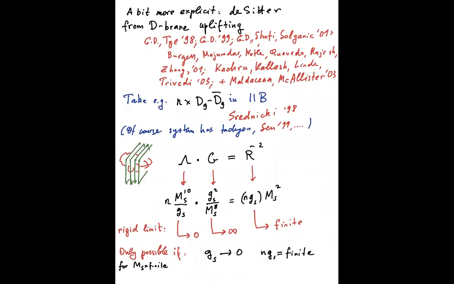Now, this source at the end of the day is unstable, but that's not important for this discussion. You can think of it like a hill that you are creating in this construction. So now we are putting the system on top of the hill, right? And classically, you can get de Sitter there. But again, you can see what this requires. In this double scaling limit, you see explicitly that it's the limit where necessarily g string should go to 0.